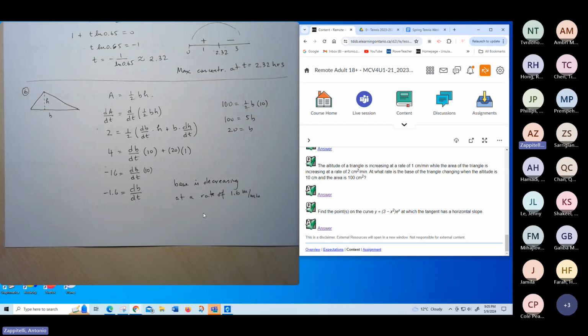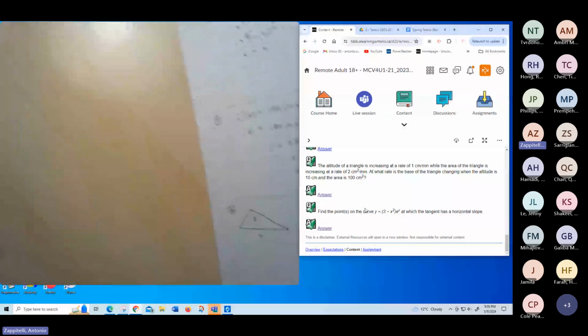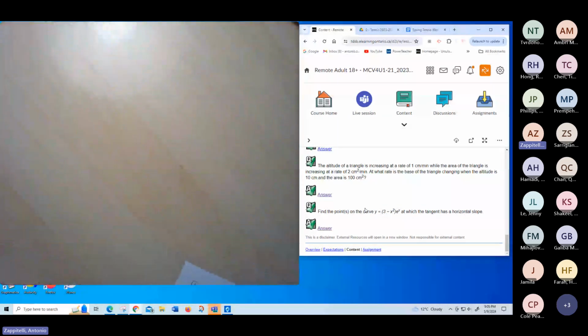No? Okay. So let's look at this last question. Find the point or points on the curve at which the tangent has a horizontal slope. Okay, well, actually in some ways this is easier. Let's say that's a tougher question than this one here, but it ends off on that. Let me get a new sheet of paper.